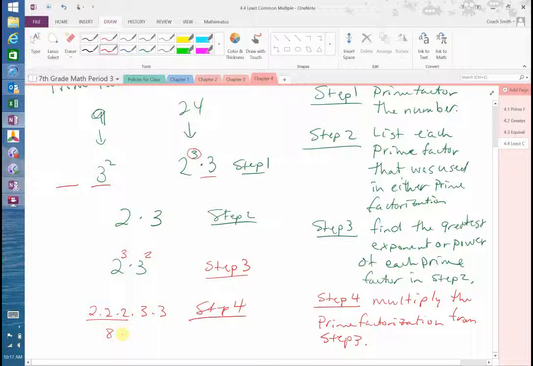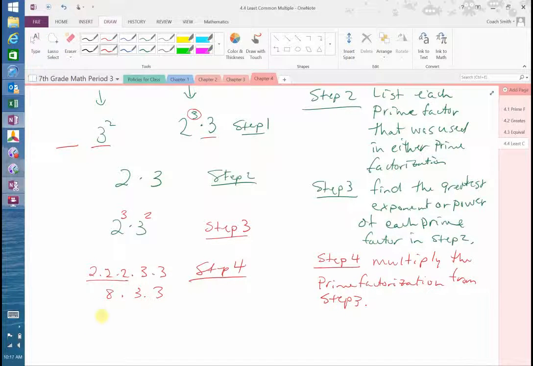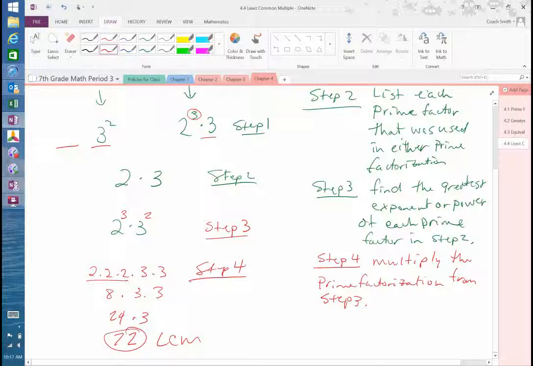So that equals 8 times 3 times 3. 8 times 3 is 24, 24 times 3 is 72. So that is the LCM of 9 and 24. That's the least common multiple of 9 and 24.